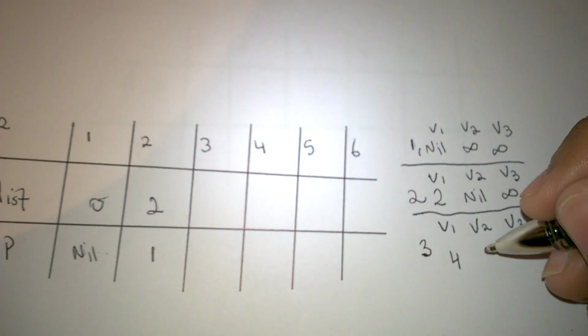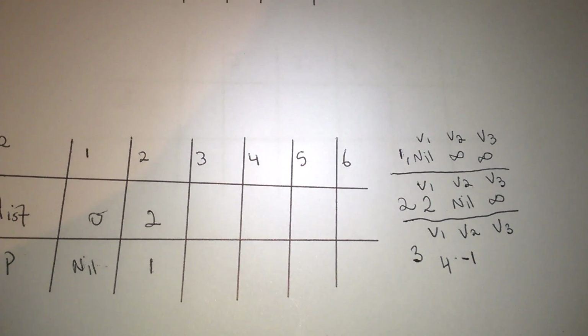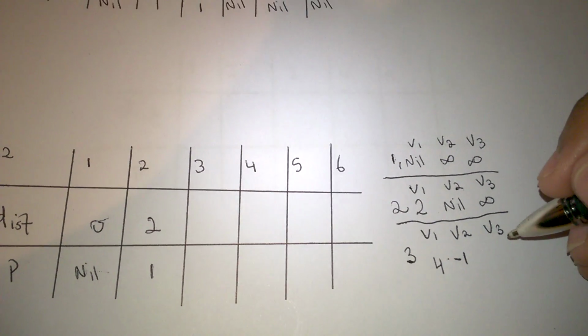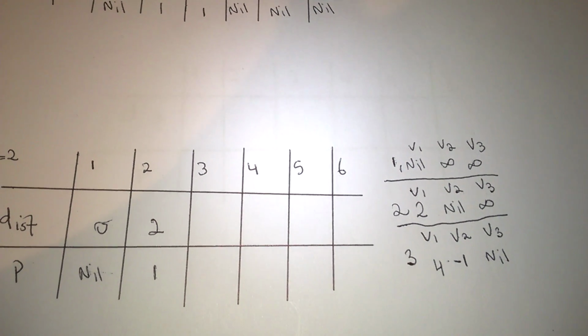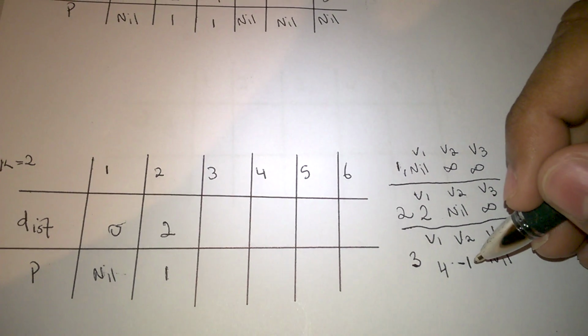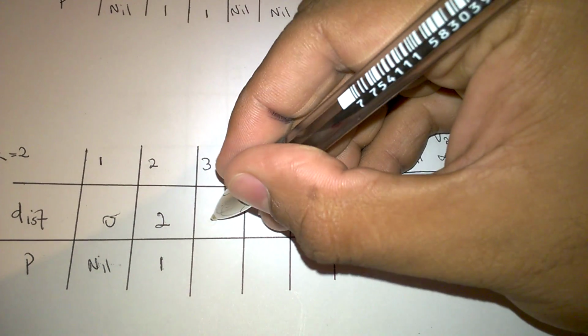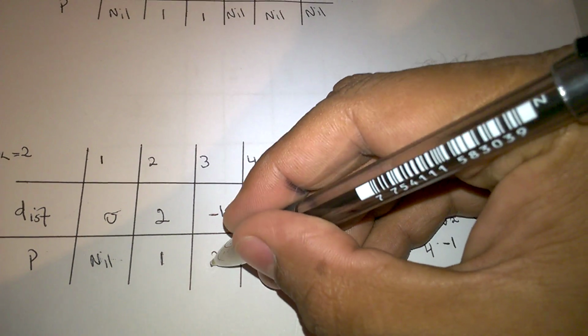So to reach v3 from v2 will cost you negative 1. And because we are on v3, we're going to leave here blank, so we just put nil. Now we take the smallest value out of all of these, which is negative 1, and we update it here. Now we update the parent, which is v2.